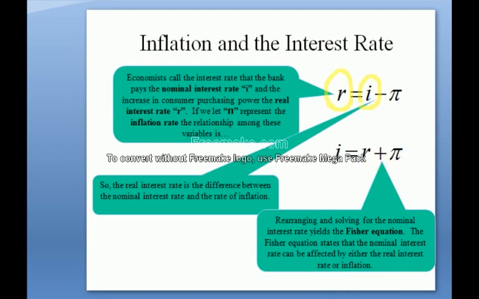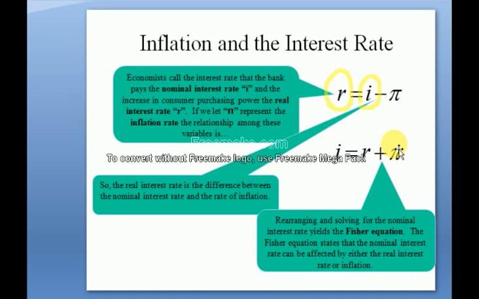And what is pi? Pi is our inflationary effect that is included in the nominal interest rate, while in the real interest rate we are subtracting that pi, that inflationary effect.